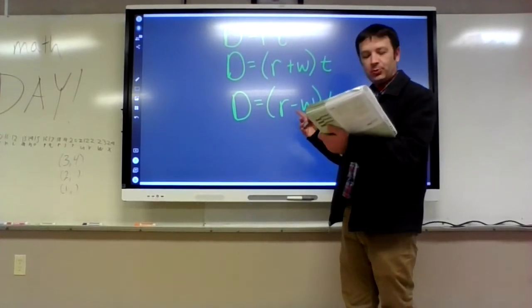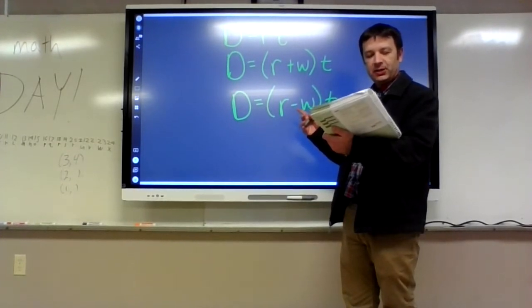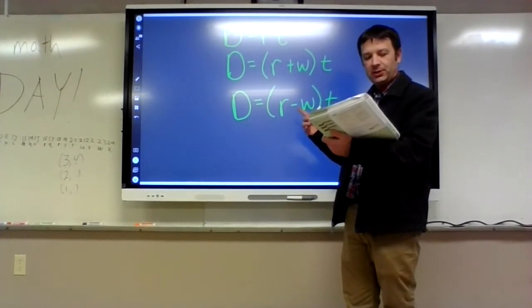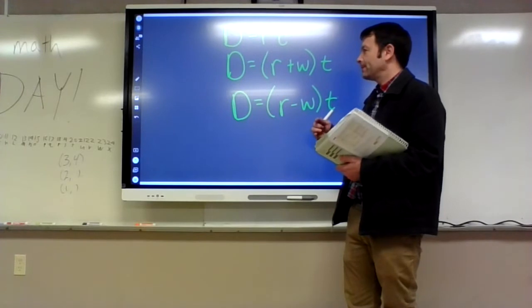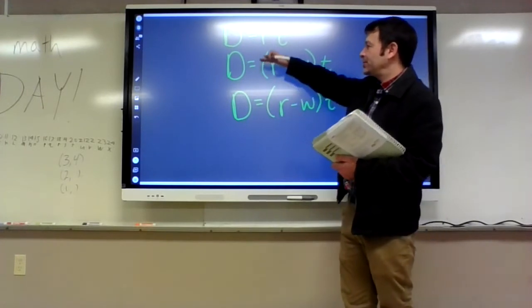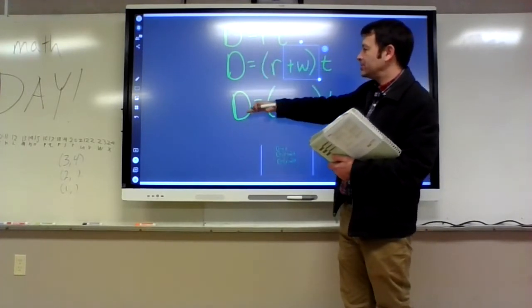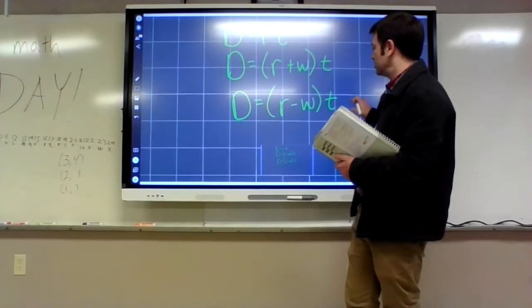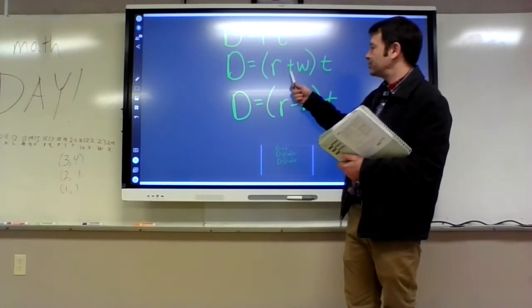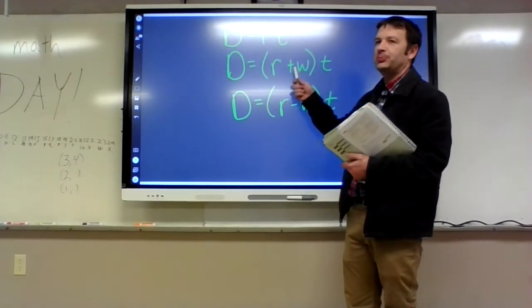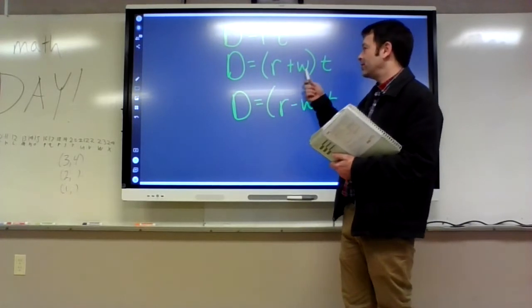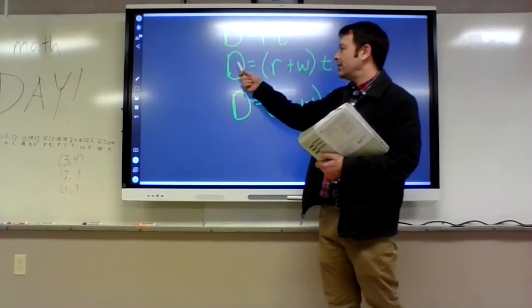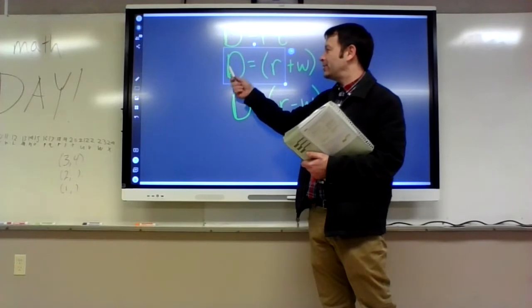So it says with the wind, 1,200 miles. If it's with the wind, which of these equations should I use? The first one, because if the wind is pushing you, you're going faster. So I'm gonna use this one, and 1,200 is the distance.